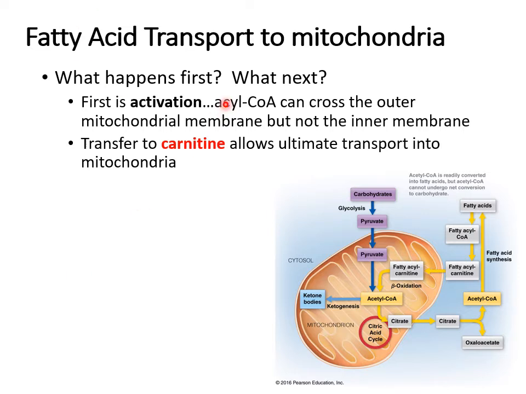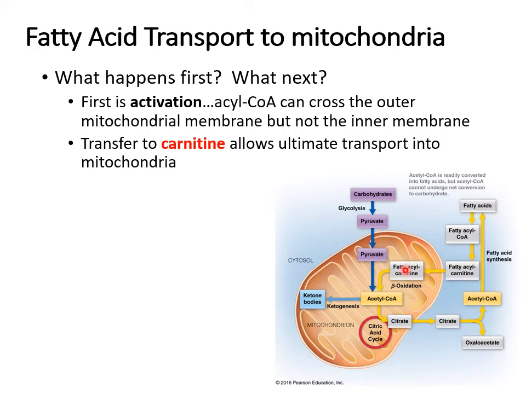So as I was saying, activation in lipid metabolism is the formation of a thioester bond between a fatty acid and acetyl-CoA. And now when you have acyl-CoA formed here, that can cross the outer mitochondrial membrane, but it cannot cross the inner membrane. So in order to have the fatty acid shuttled into the mitochondria, you then need carnitine.